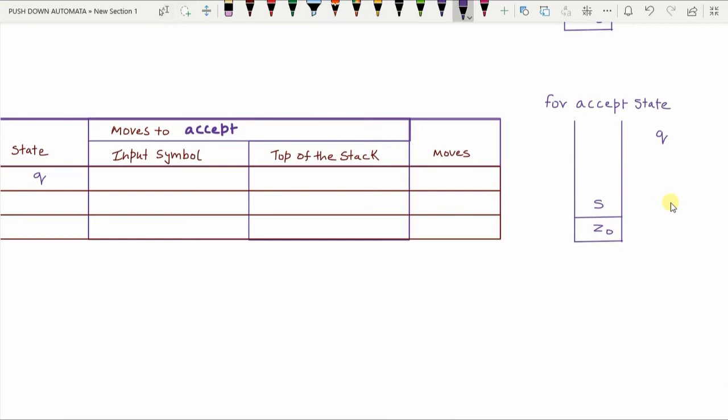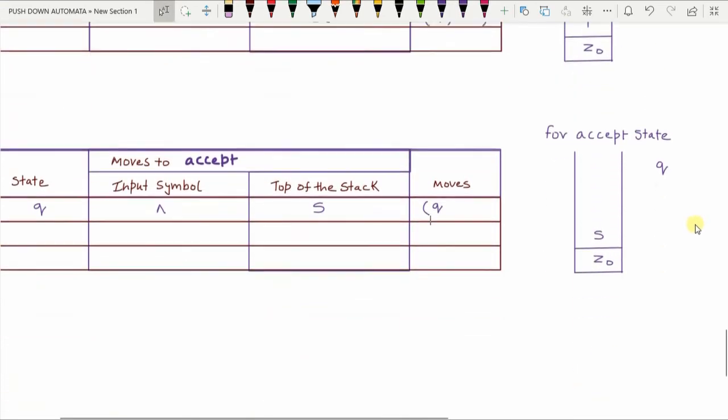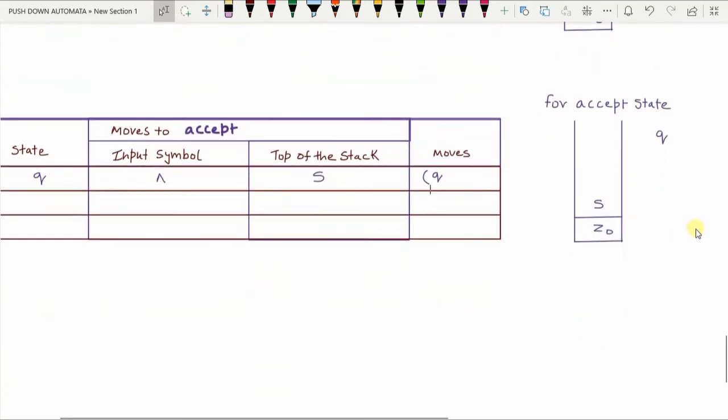So when I am in state Q, nothing is read as input and the top of the stack is S, I will pop this S out. Q7 I will say, I will go to state Q7 by popping this S out.